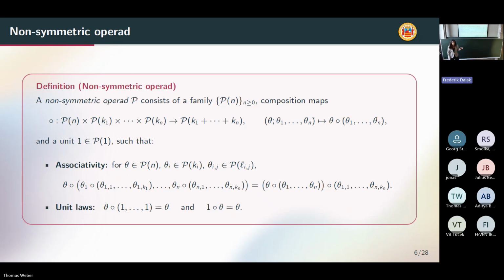In this case, we say linear operads, because this is what is near to representation theory. So it is the case we will focus on. It comes with composition maps, which are linear in case of linear operads, and they satisfy associativity and unit laws, which are the obvious ones.